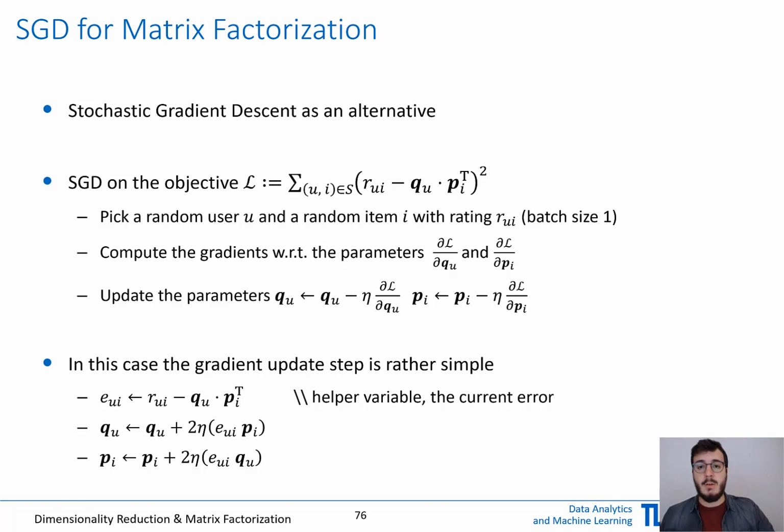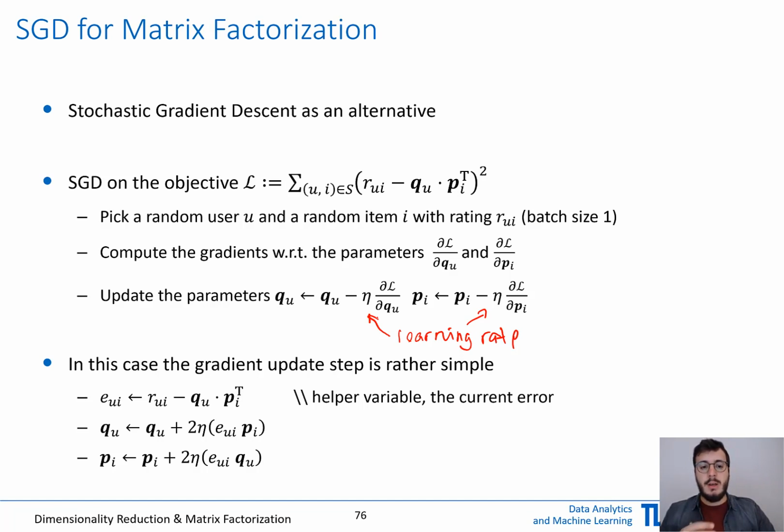Then we take the gradient with respect to each of the parameters and then step in the negative direction of the gradient in order to update the parameters. The step size is determined by the learning rate. So in this case, we have some learning rate eta, and we step in the negative direction of the gradient with step size eta.